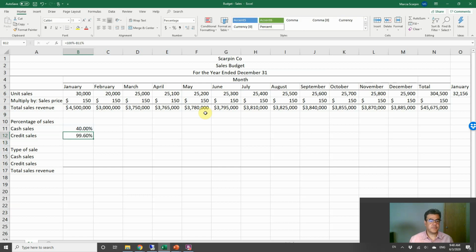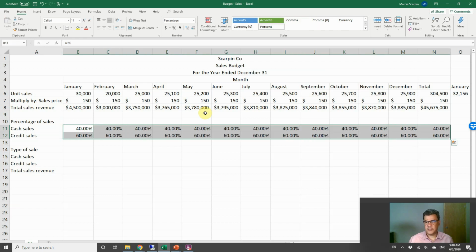Okay, so this is our cash and credit sales, copy and paste. Or we can work with different numbers as well.